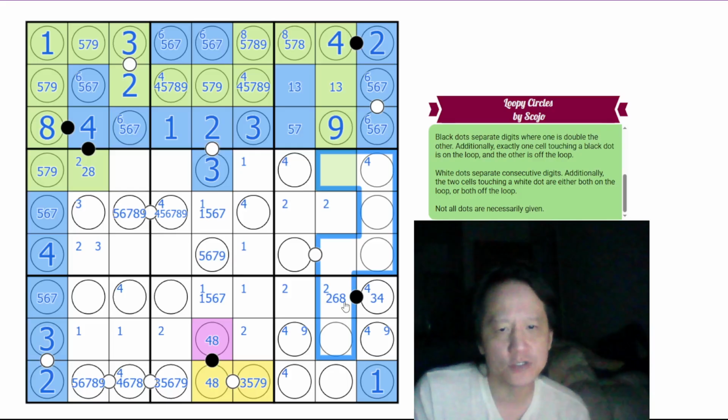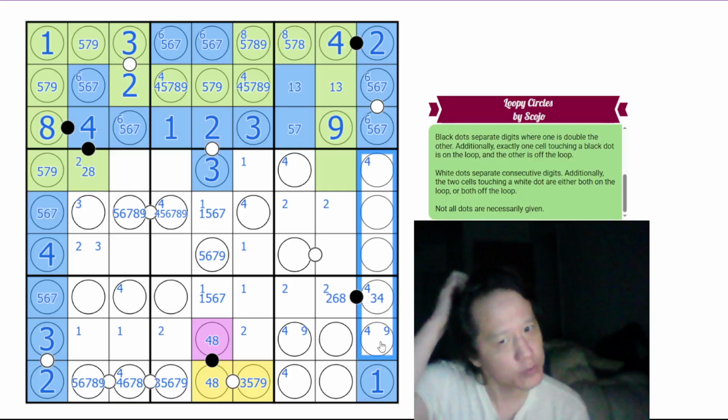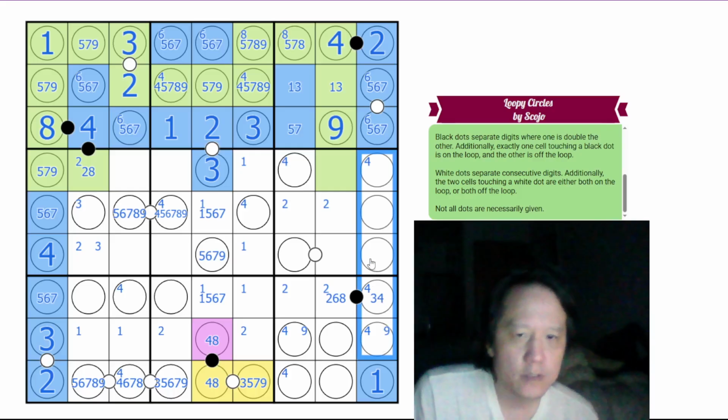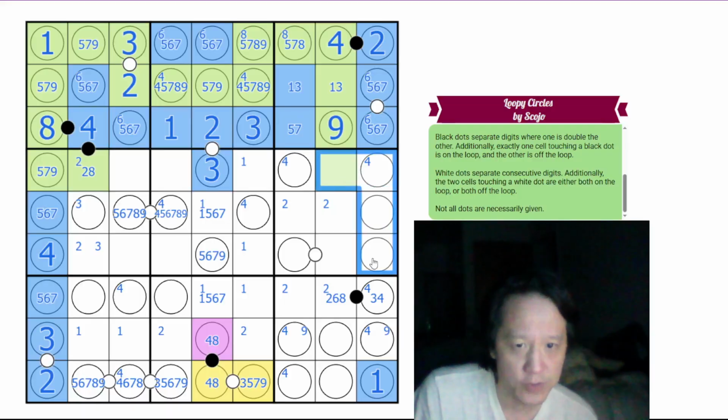This is interesting. So it could be all 5 of these are on the loop. Say these were all the 5 through 9s that are on the loop. If that were the case, it would have to go this way.